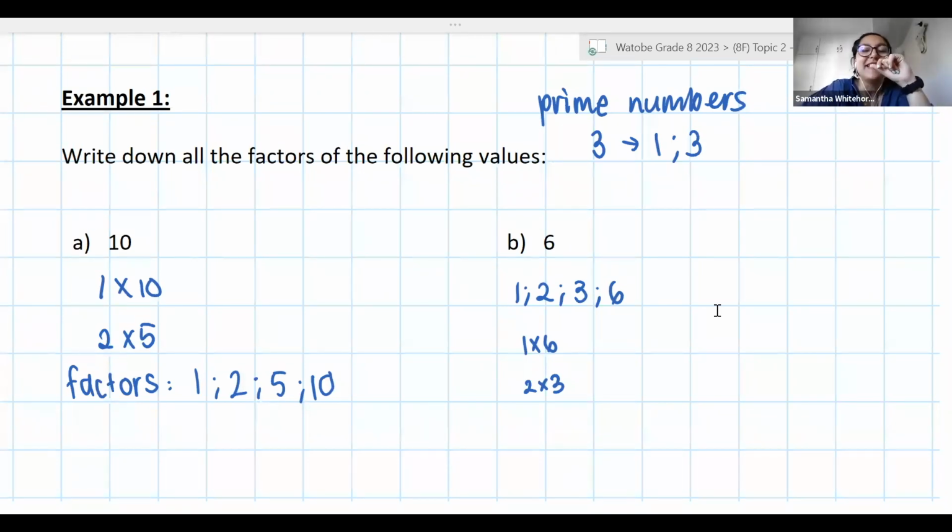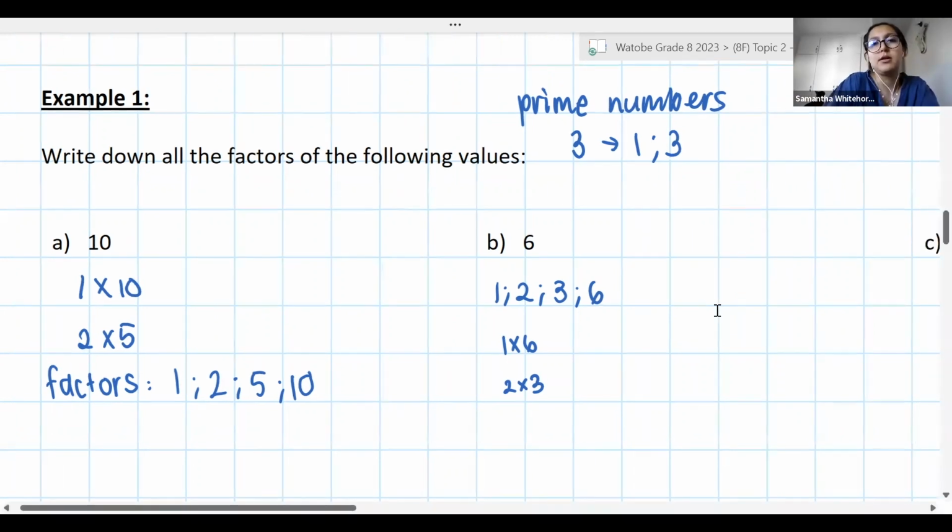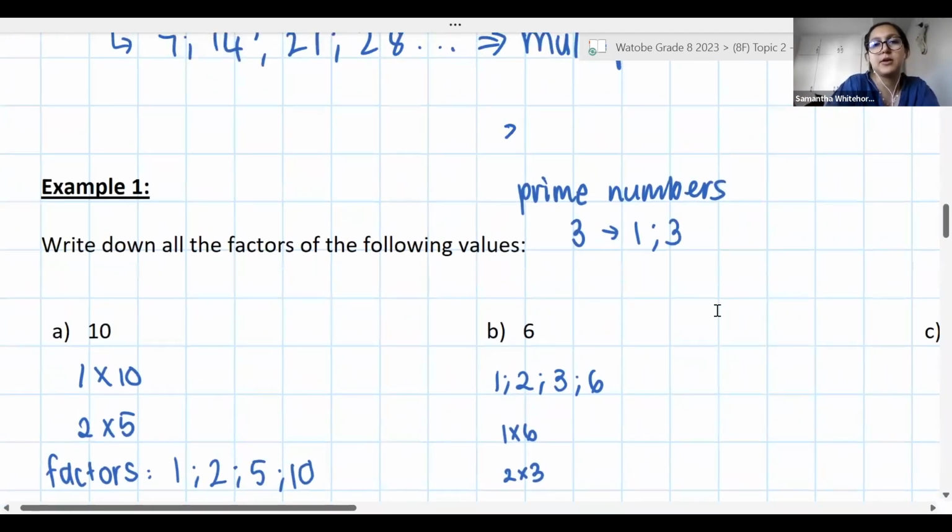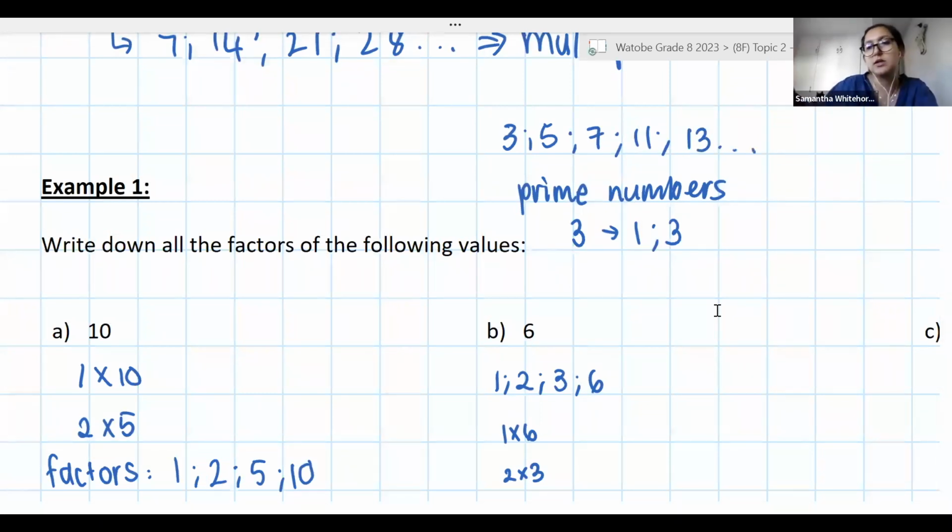Okay, so in terms of what prime numbers are, the first part of what you said is absolutely correct. Prime numbers only have factors of 1 and themselves. So 6 is not a prime number because it also has the factors 2 and 3. Now, prime numbers are numbers like 3, 5, 7, 11, 13, and it keeps going.